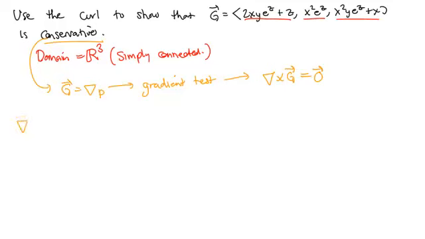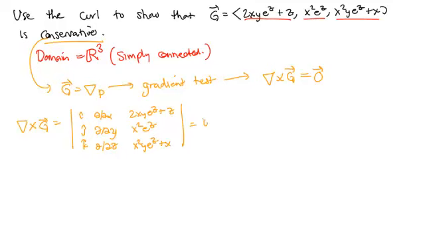We'll just have to take a curl calculation. So we'll take the nabla operator and cross it with the vector field g. We'll have i, j, k, ∂/∂x, ∂/∂y, ∂/∂z, and then in the third column, 2xye^z + z, x²e^z, and x²ye^z + x.